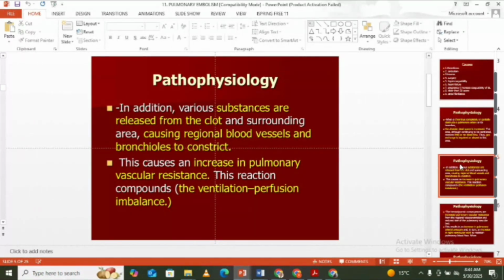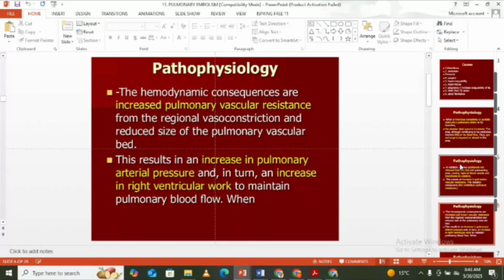That means the body tissues are not being perfused sufficiently as they should.